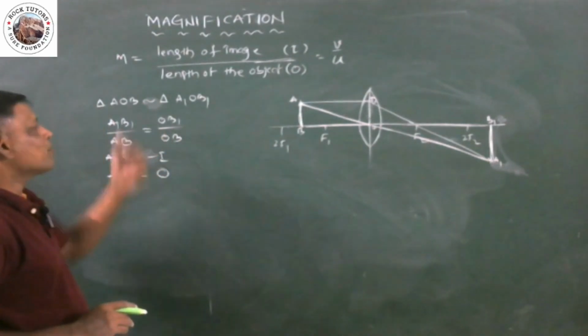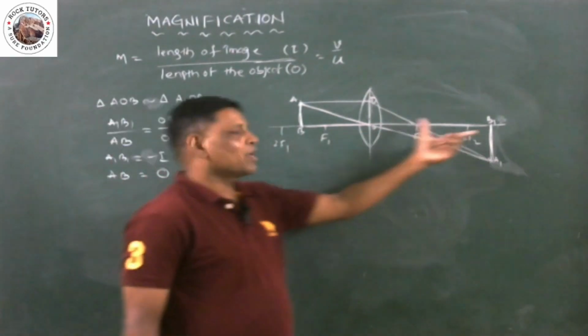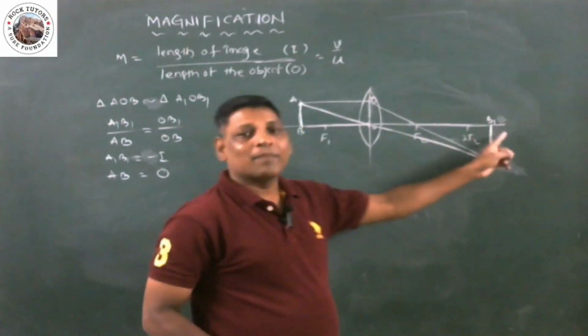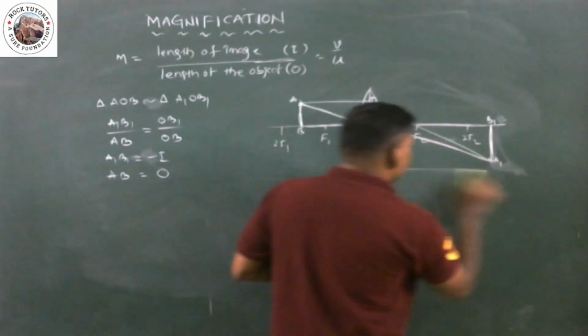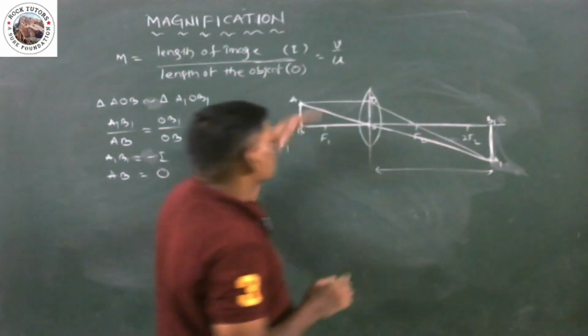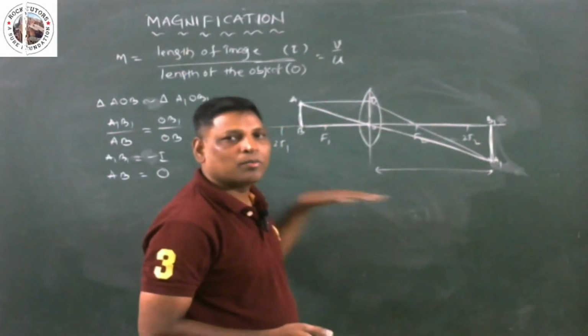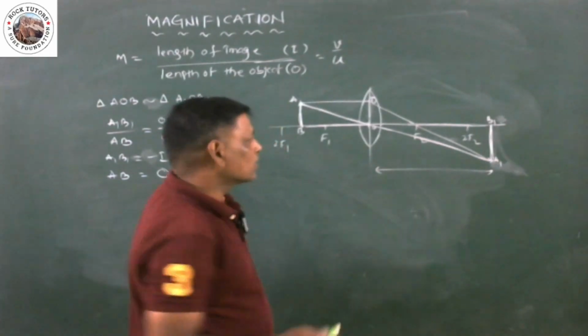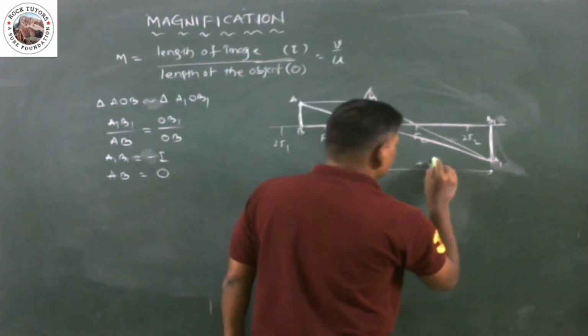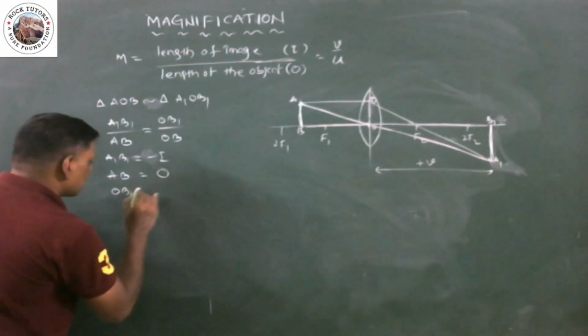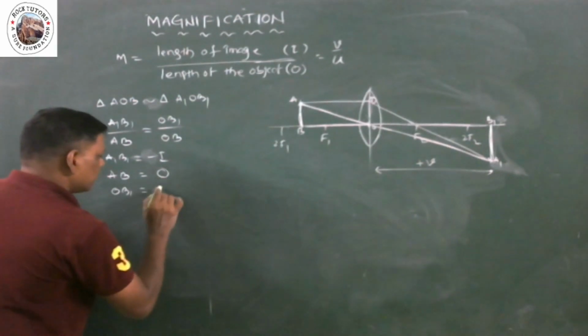Now OB1 is the image distance. The incident ray and the image distance are in the same direction, so we take it as positive. So OB1 is equal to V.